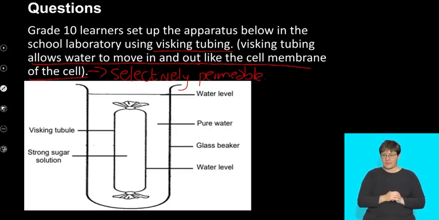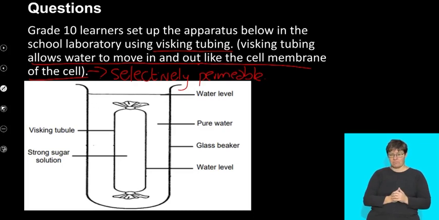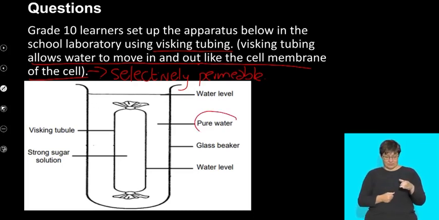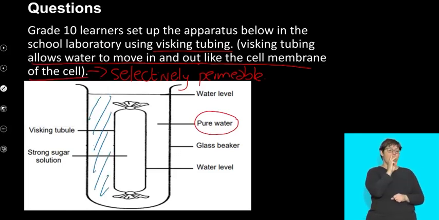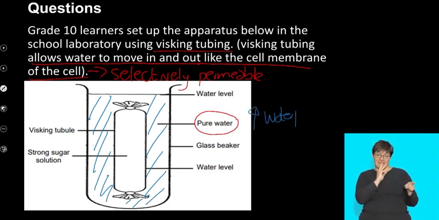So let's have a look at the setup over here. I've got a beaker, and I filled the beaker with pure water. So I'm going to change my pen color quickly. This, guys, is filled with pure water. So I'm going to write here, it has a high water potential.